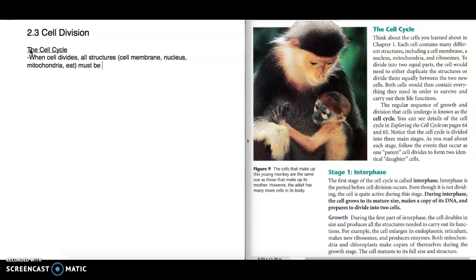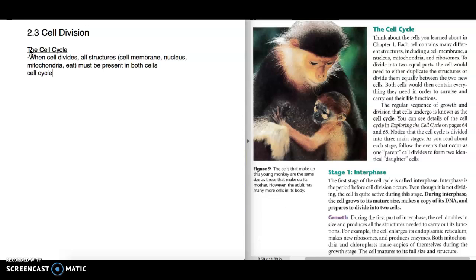In other words, you can't have one cell that has all the organelles and a second cell that has none. They both need to have everything necessary to survive. Pardon my clunky typing here.